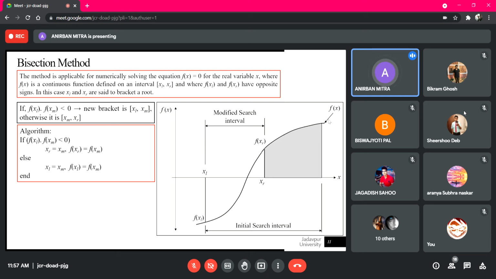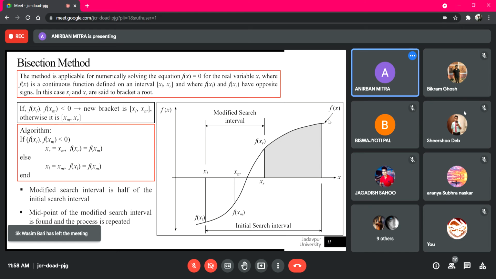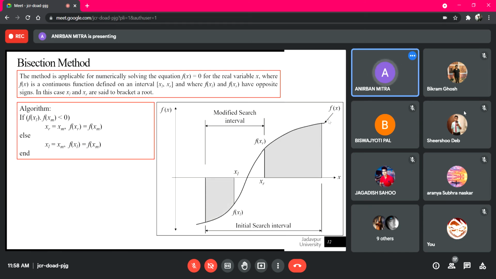If we apply the same thing again, you find out the xm value, that is the midpoint of the search interval, and repeat the process. So that is f of xm. Now you see that the root is situated within xm to xr, so you can discard this part and halve the search interval further.